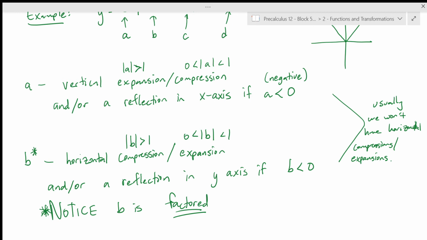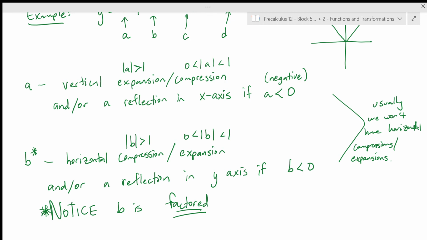When we get to trigonometry, these things are actually going to have a different result on the graph of our function. But essentially, for any of the functions that we use, we could rewrite a horizontal compression or expansion as a vertical expansion or compression. So we don't actually differentiate it that much. And we tend to write things as vertical expansions or compressions and not horizontal expansions or compressions. So you will rarely see a B that has a numerical value.